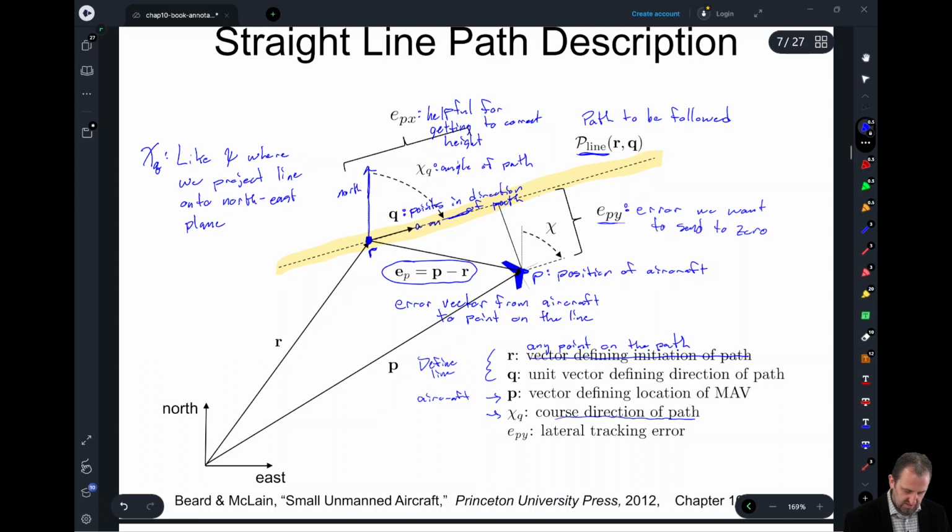This variable is defined from R and Q, and this variable is defined from R and P. So these are some important variables that we'll be dealing with for defining the line. But again, our line is a function of R and Q.